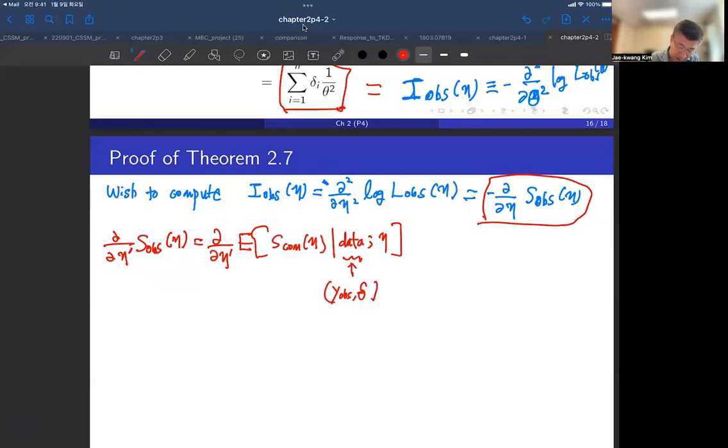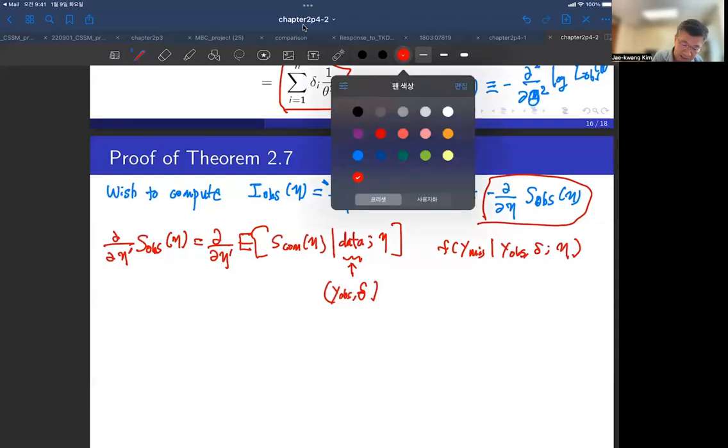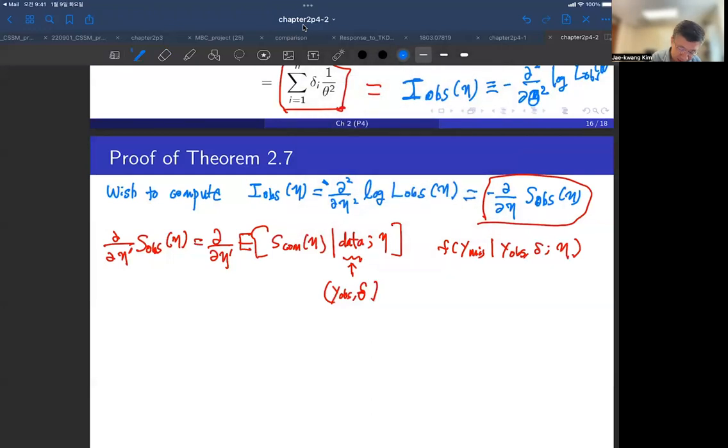This expectation is an integration with respect to the density function of y_mis given y_obs and delta, evaluated at eta. One thing I'd like to emphasize is that eta takes place in two places: the original eta in S_com, and the eta in evaluating the conditional expectation.